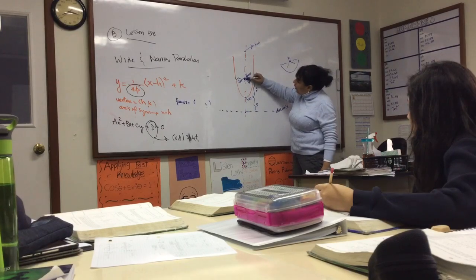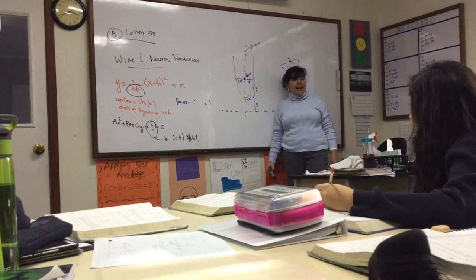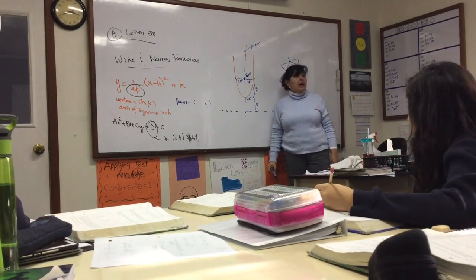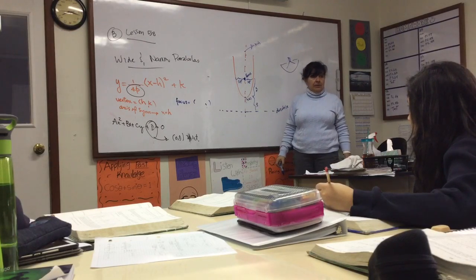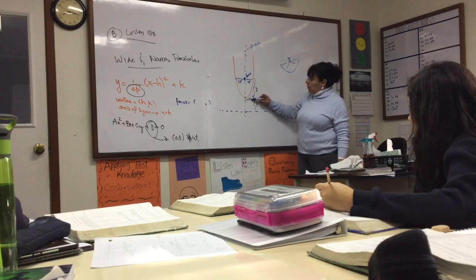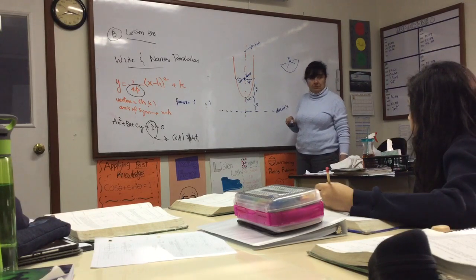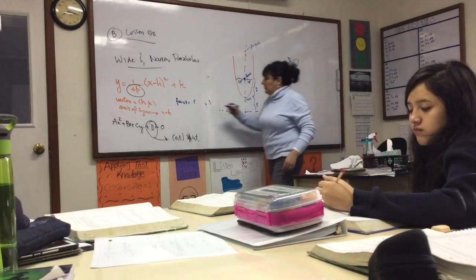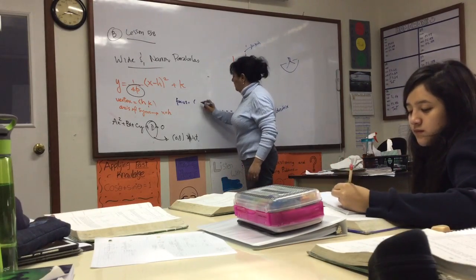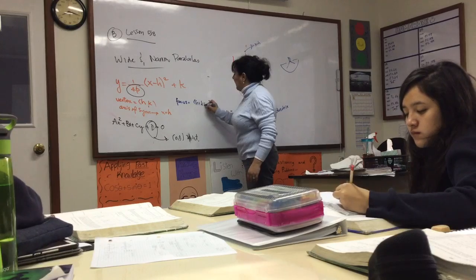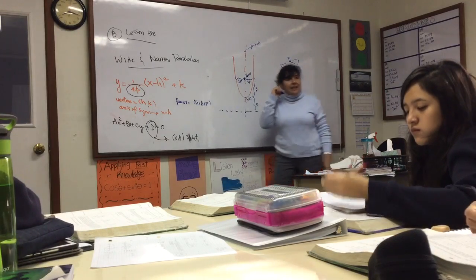So this point here, does it have a different H? No. Does it have a different Y? Yes. How different? I know that this is K, so how much is this? K plus P. It's got the same H, but it's got a K plus P. Does everybody see why it's a K plus P?